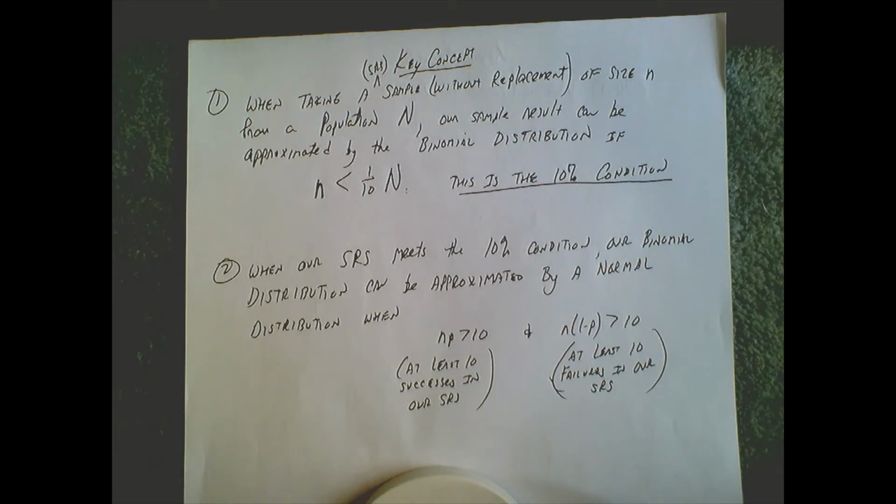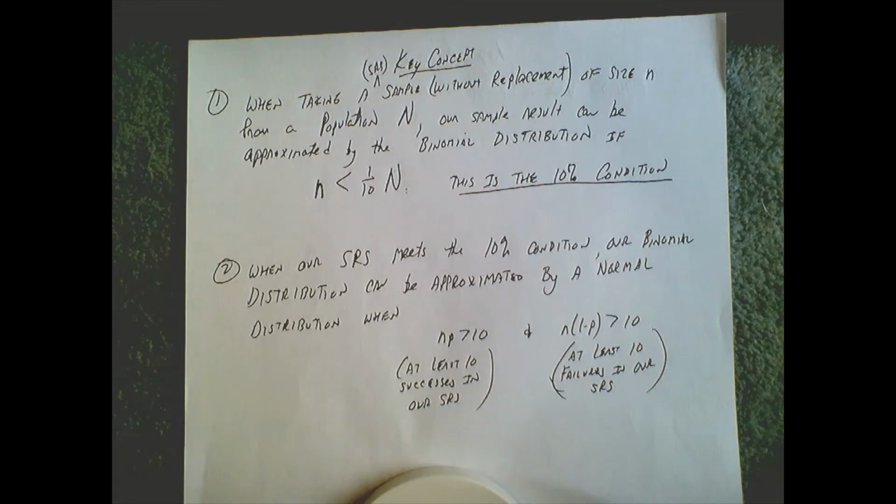The second thing we talked about was when our simple random sample, our SRS, meets the 10% condition, our binomial distribution can be approximated by a normal distribution when both n times p and n times 1 minus p are greater than 10. N times p is the number of successes, n times 1 minus p is the number of failures.